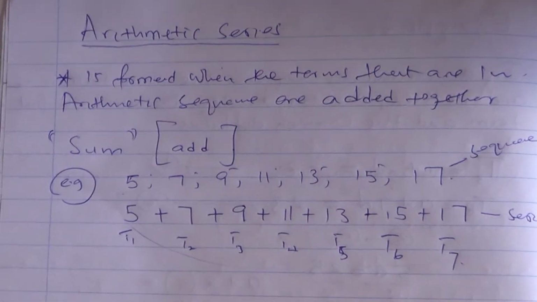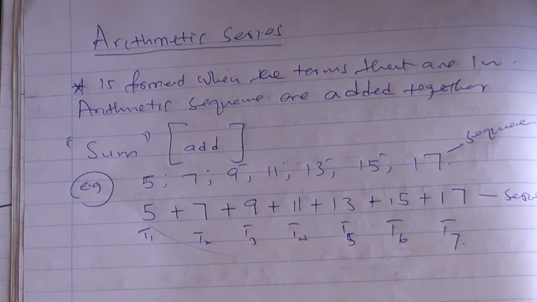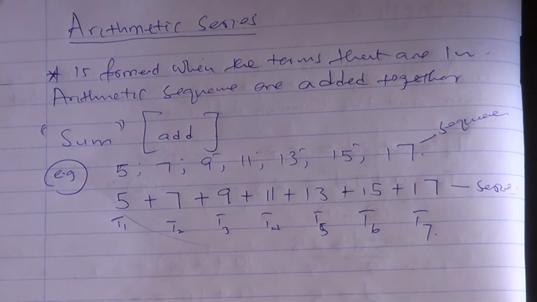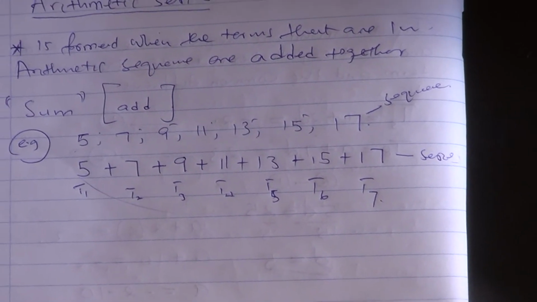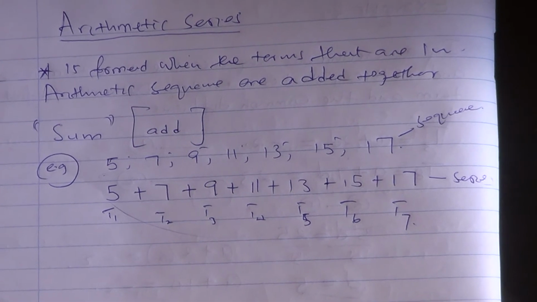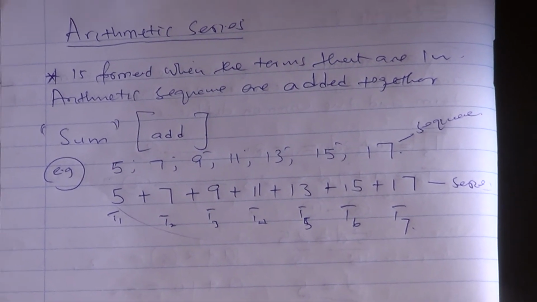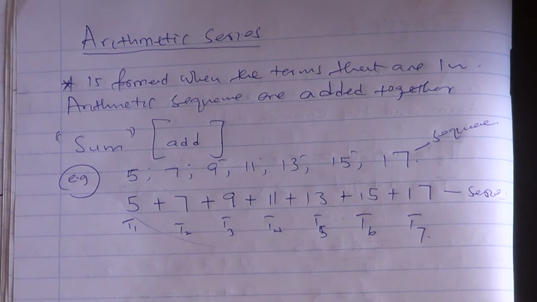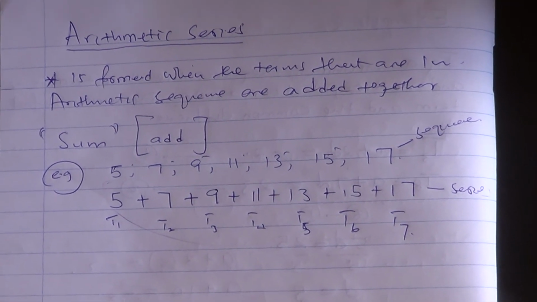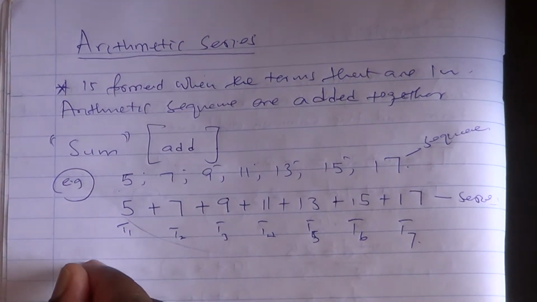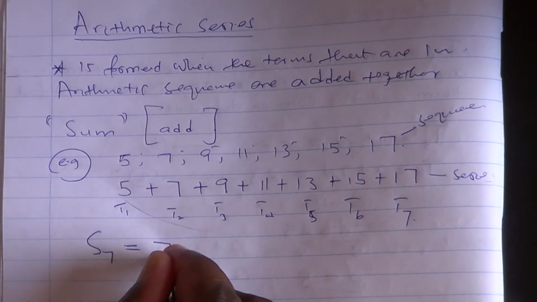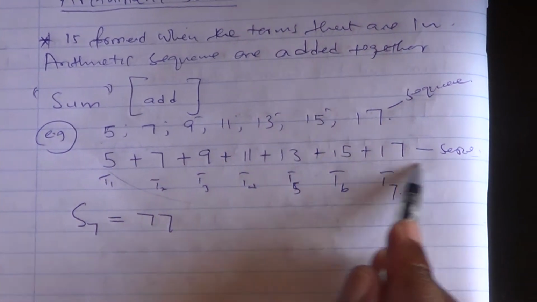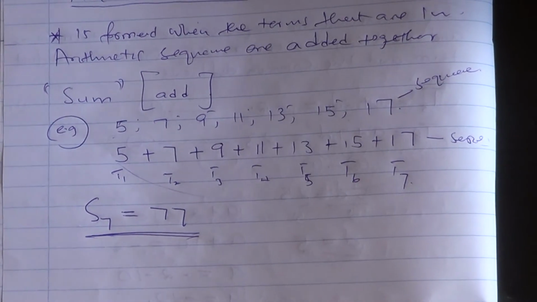Now let me get the calculator and add all this and see what they are going to give us. 5 plus 7 plus 9 plus 11 plus 13 plus 15 plus 17. The sum of these 7 numbers is 77.